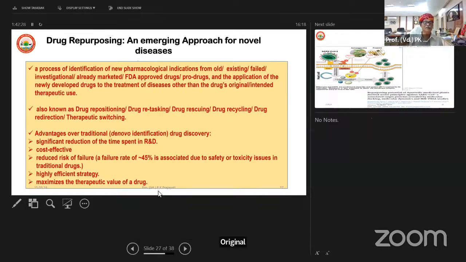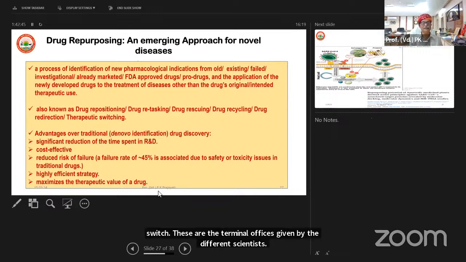Also known as drug repositioning, drug retasking, drug recycling, drug redirection, or therapeutic switching. These are the terminologies given by different scientists for the same thing.